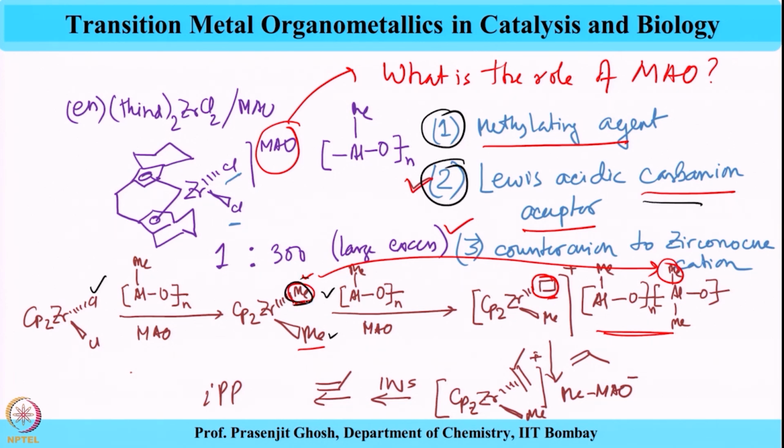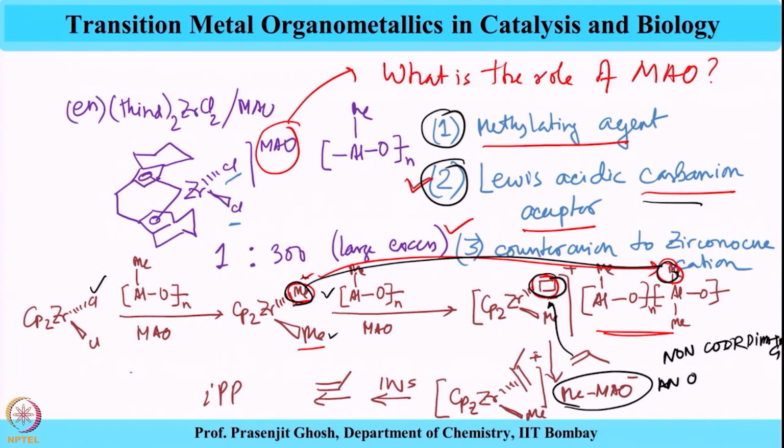So, one methyl gets abstracted, and then there is a vacant site, a hole, and subsequently to this hole the olefin comes and binds, and so this now serves as a non-coordinating anion with low charge density.